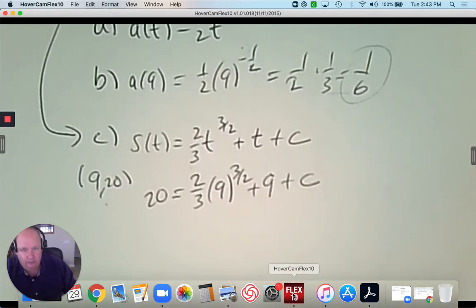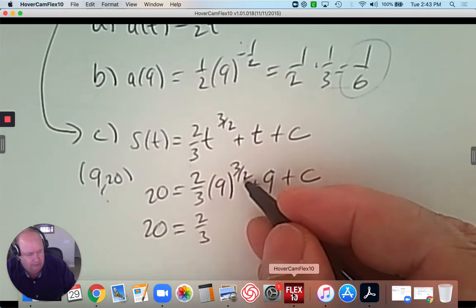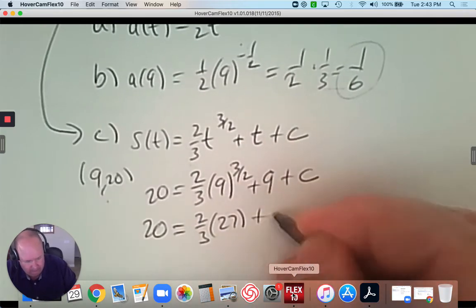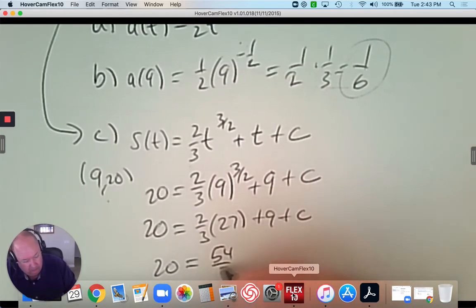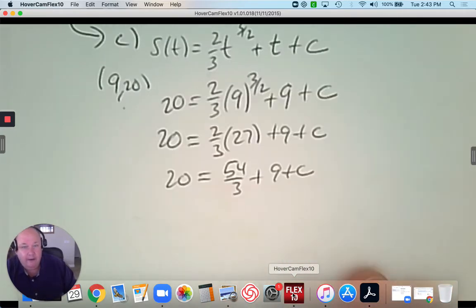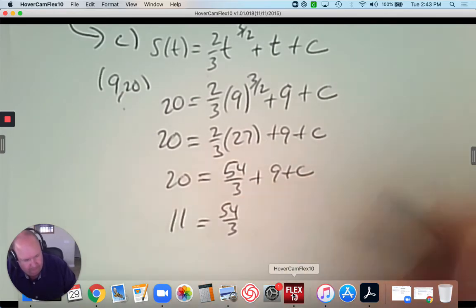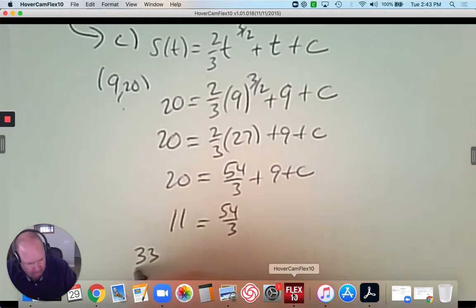And then you solve for c. Fractions everywhere. So the square root of 9 is 3, and 3 cubed is 27. This is 54 over 3. Just keep going. Subtract 9, that's 11. Subtract 54 over 3. So that's 33 over 3. Subtract 54 over 3.